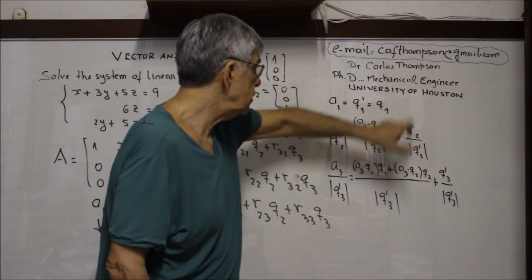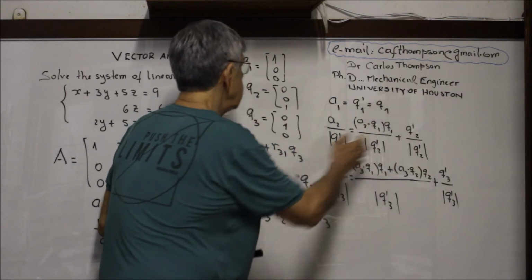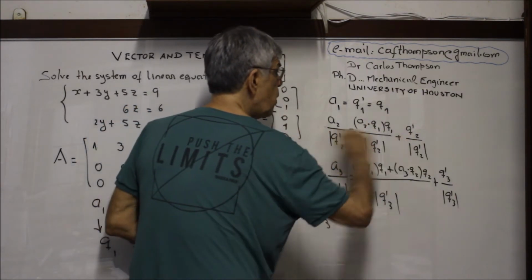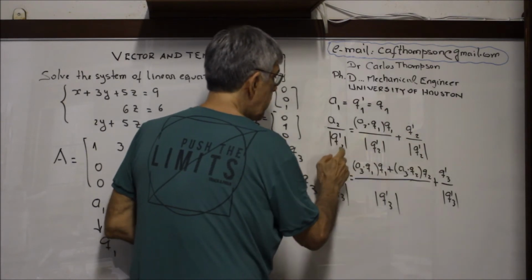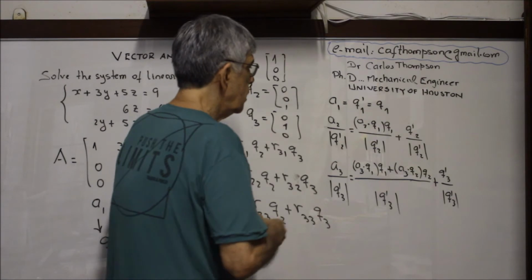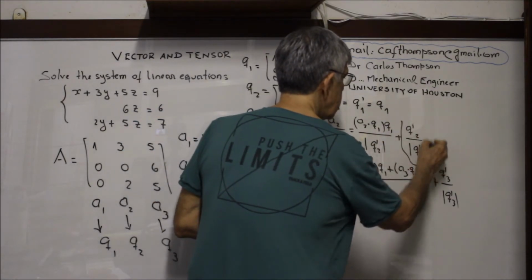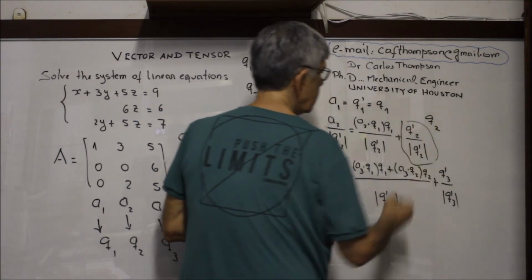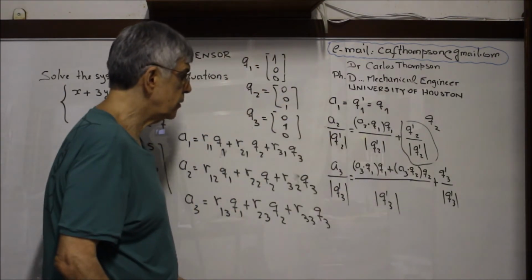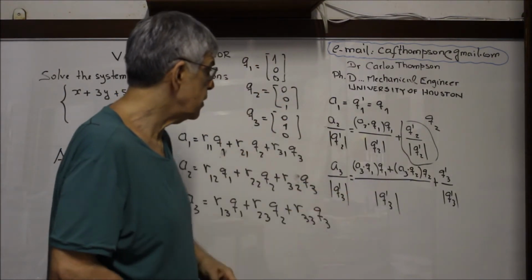This is A1, which coincides with Q1 in this case. Here A2, okay? So I divide both members by the size of Q2. This here is Q2, because Q2 prime divided by the magnitude. Likewise, the same here.